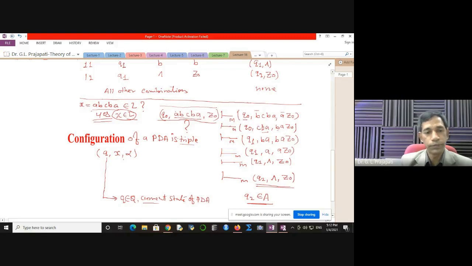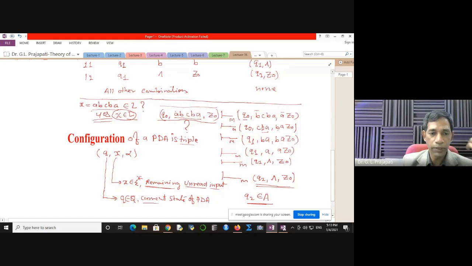Okay, so Q is the current state, and what is X? X is the string taken from sigma star, meaning this is the input string. It is known as the remaining unread input.